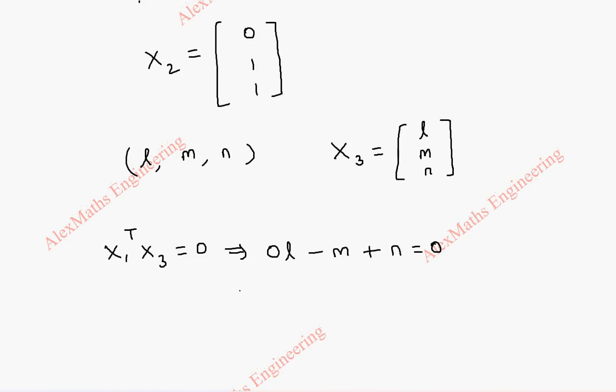In the same way, with x2 transpose, we multiply with x3, and since they are orthogonal, it has to be 0. So we get again 0L plus M plus N equal to 0.